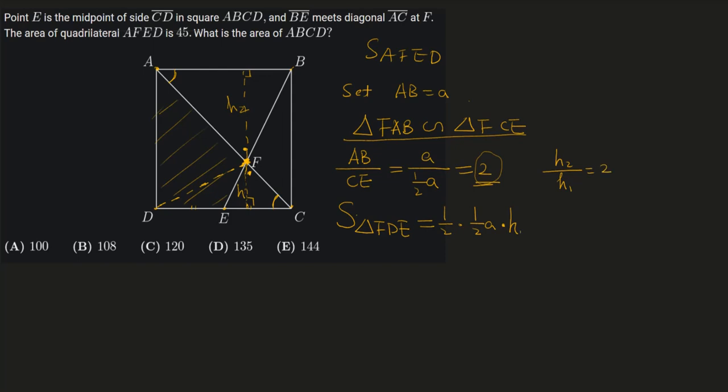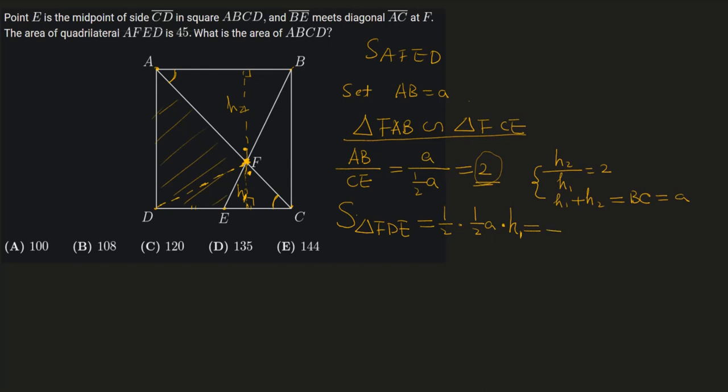And this is H1. Let's call this H1. At the same time, we know that H1 plus H2 shall equal BC, and that equals A. So with these two equations, it'll be quite straightforward to see that H2 equals 2/3 of A and H1 equals 1/3 of A. Therefore, let's continue this calculation.